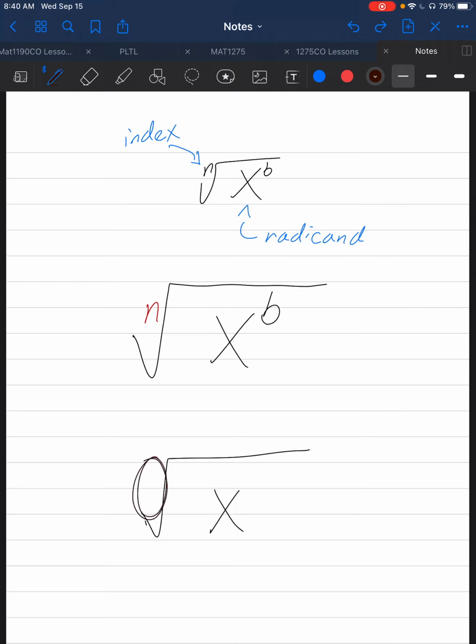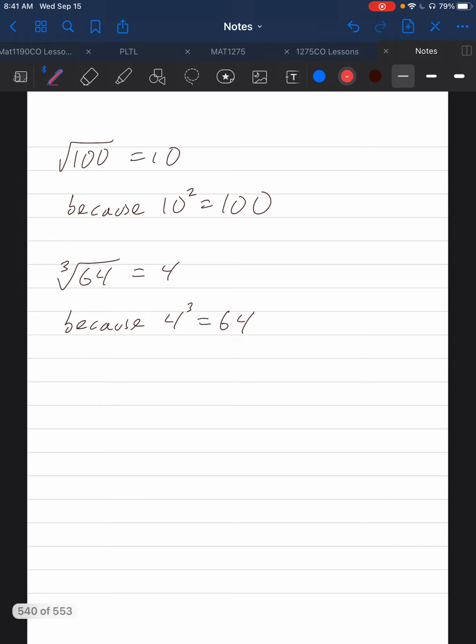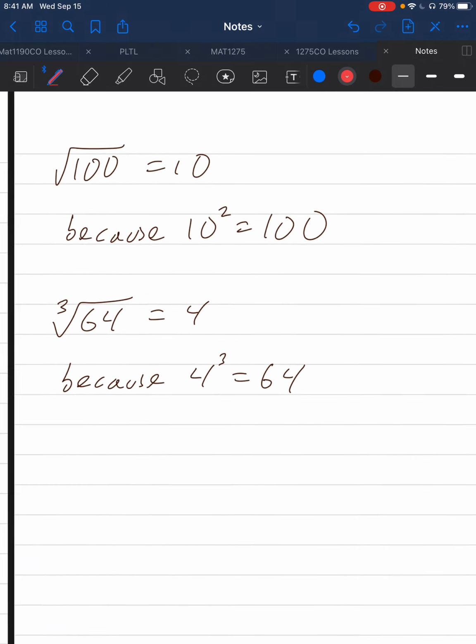An index usually is not written down because that index is equal to 2. So that's the default value. The default value of an index is 2, and if an index is indeed equal to 2, then it does not have to be written down. It is assumed that it's equal to 2, but it does not have to be.